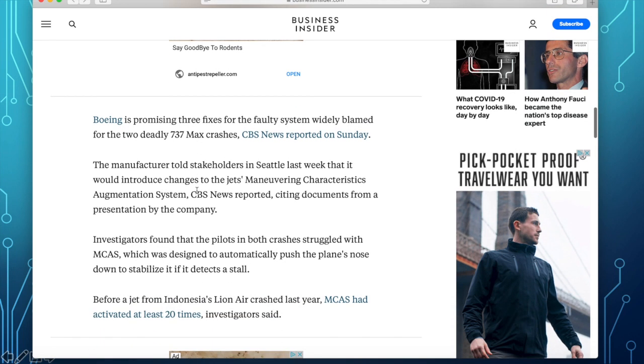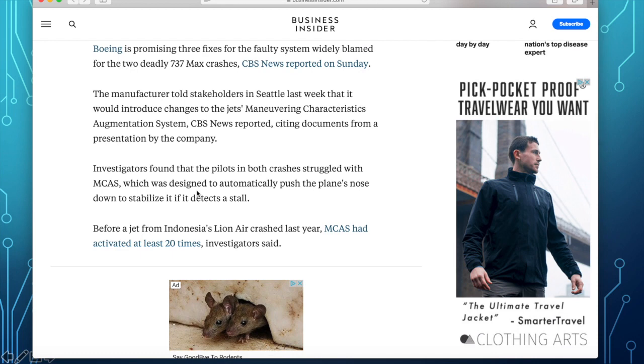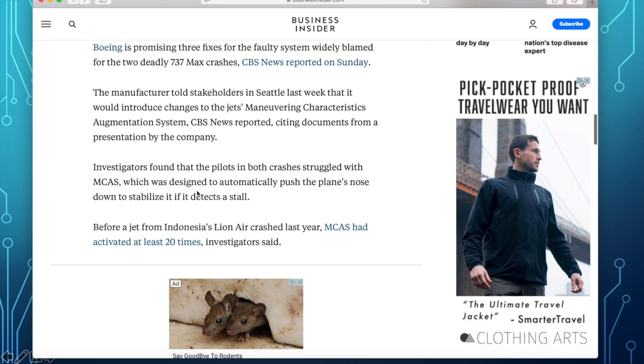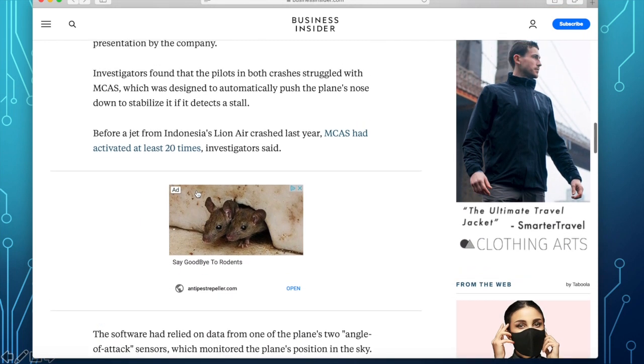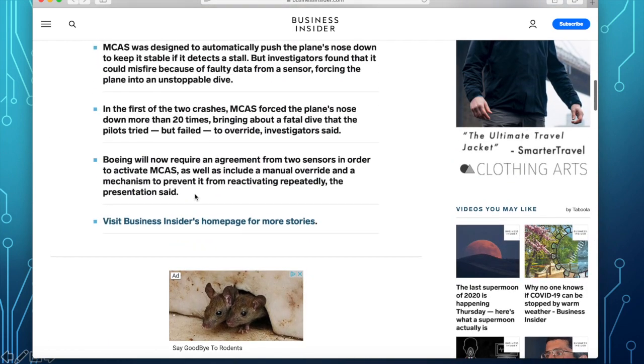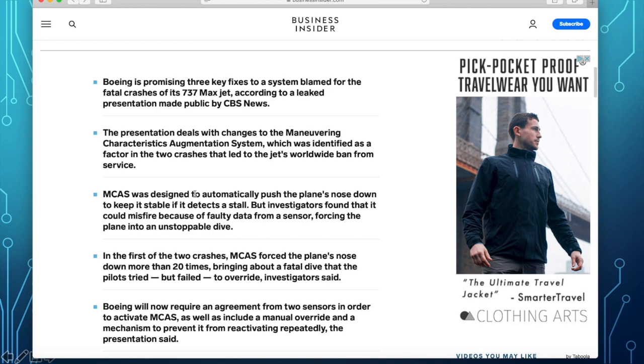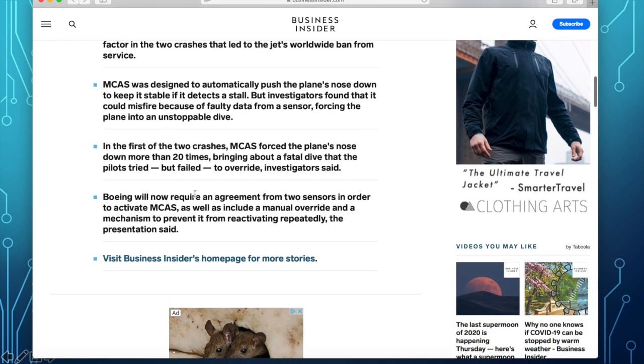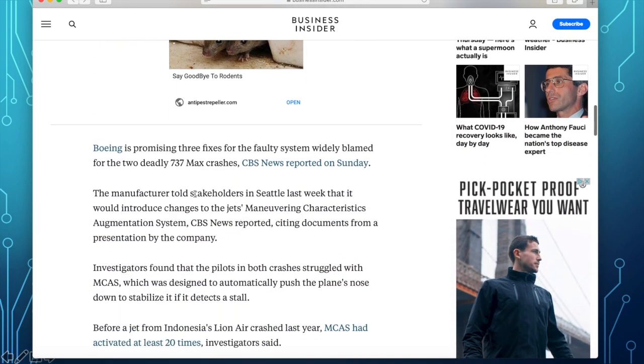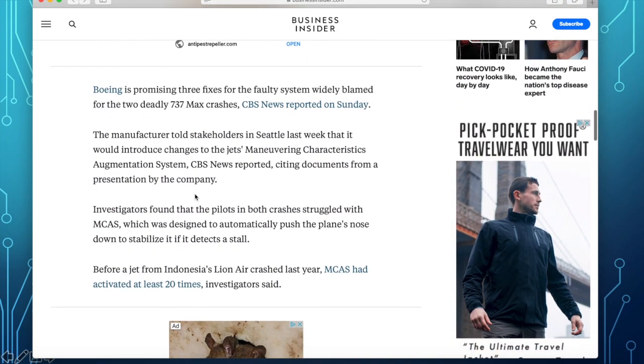so how they redesigned it is the following. They said they have three fixes that they have made to the airplane. Okay, let me.